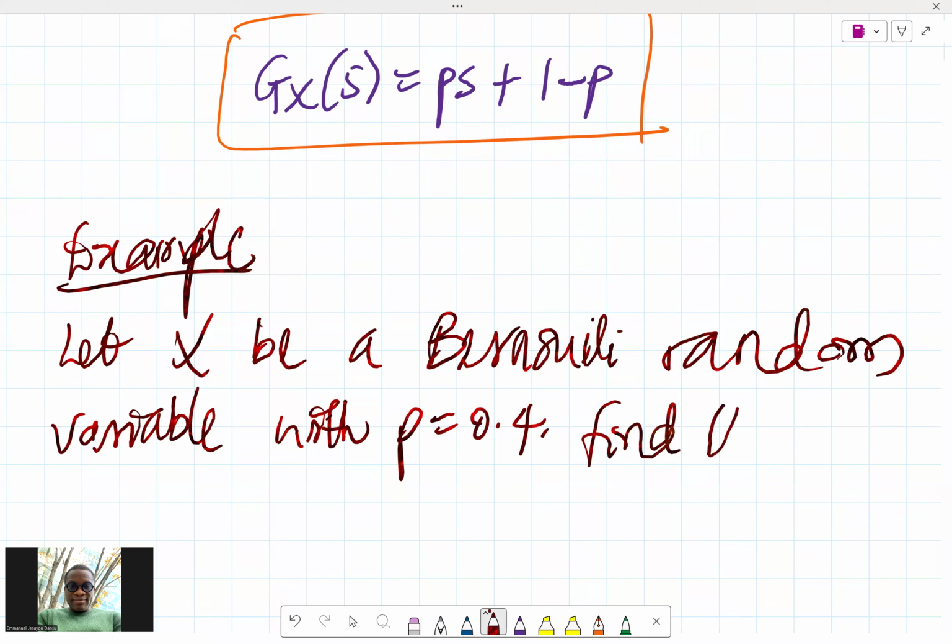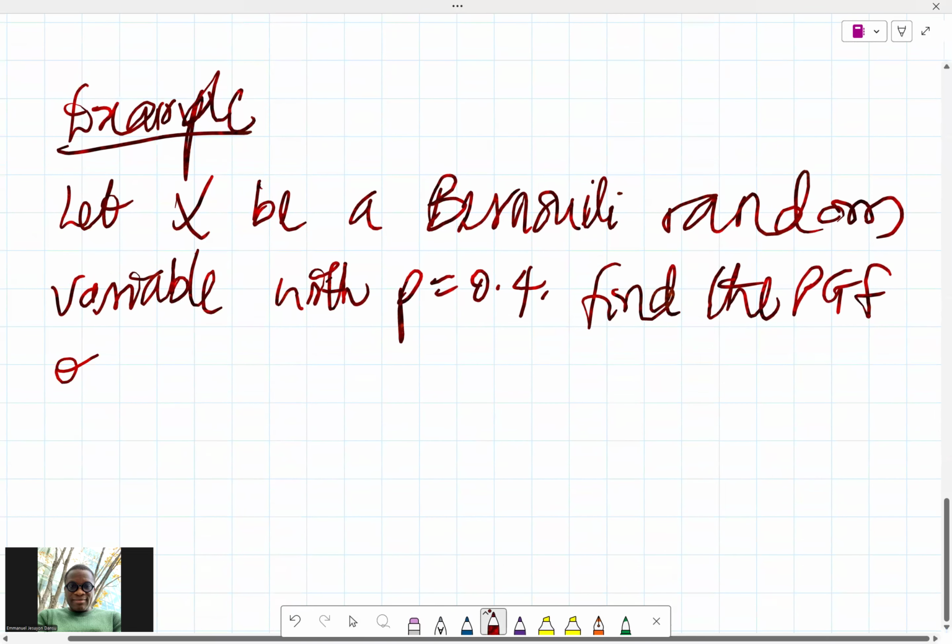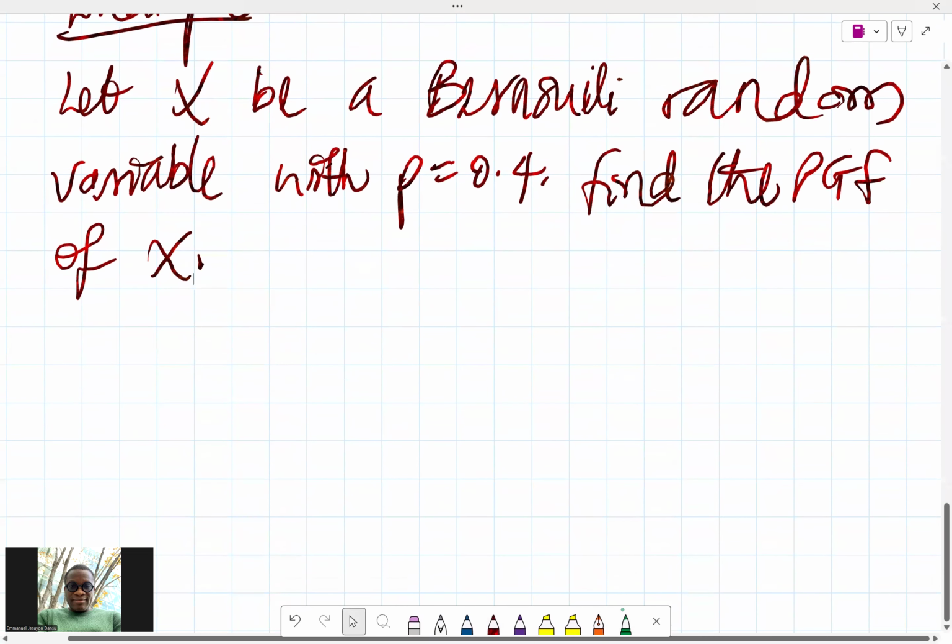Find the PGF, the probability generating function, of the random variable X. Now to do that, this is the solution.